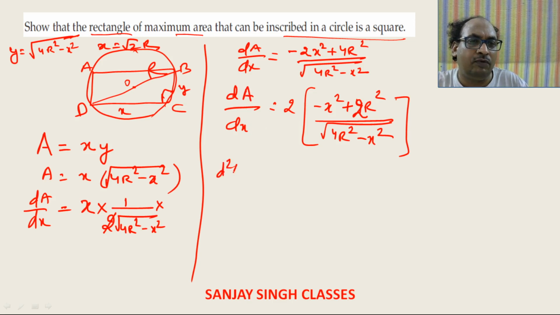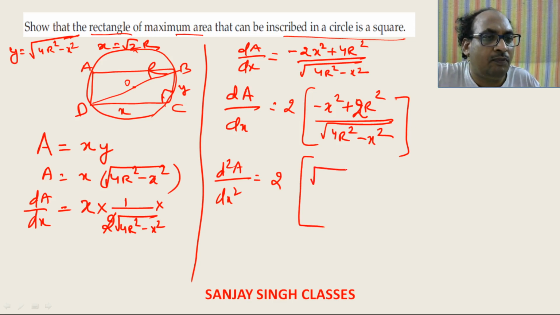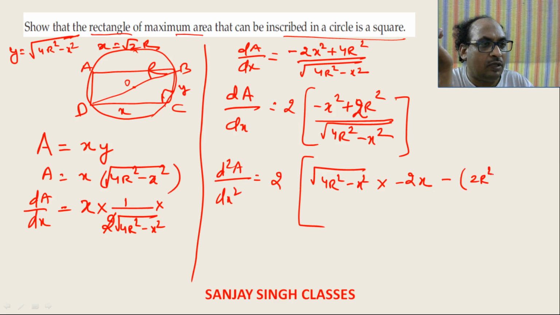Now we will be going for d square a by dx square. So 2, if we have taken common, then here we need to use the division rule, and it will become 4r square minus x square into minus 2x, and then minus minus x square plus 4r square into 2r square minus x square, over 4r square minus x square.